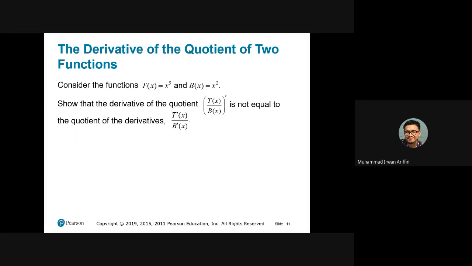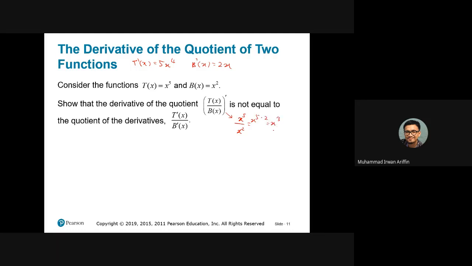Our t prime of x is 5x to the power of 4, and our b prime of x is 2x. Now x to the power of 5 divided by x to the power of 2 equals x to the power of 5 minus 2, x to the power of 3.